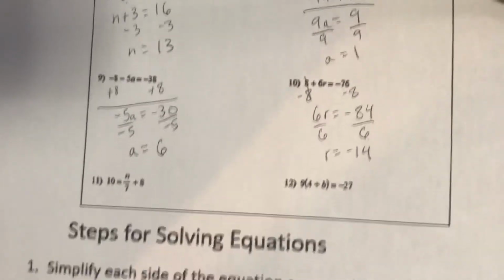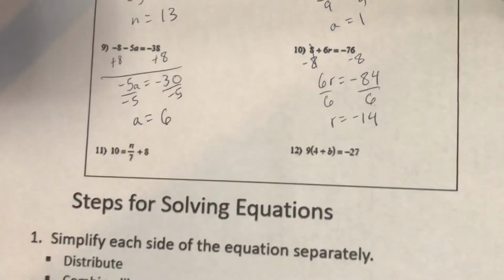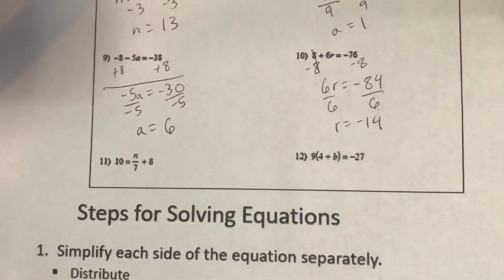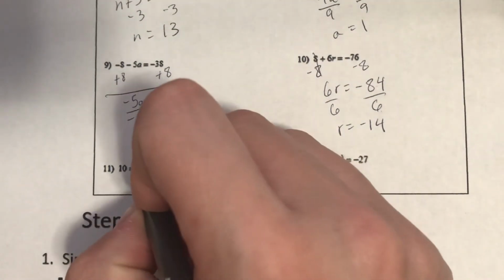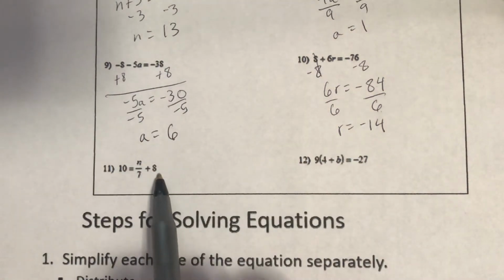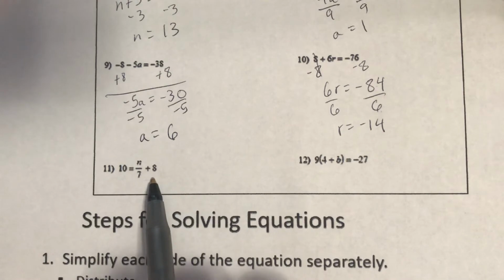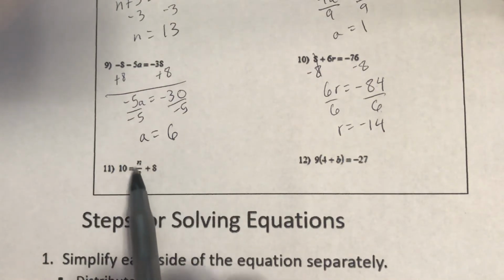This last one's a little tricky, okay? Sorry if my video went out. I got a notification about my battery. So over here, we're trying to get n by itself. So I'm going to first, again, get rid of the constant. If this whole thing was divided by 7, then I would multiply by 7 first, but since it's just one little section, kind of like this was a 7n, right?